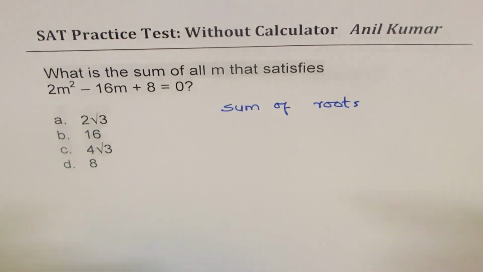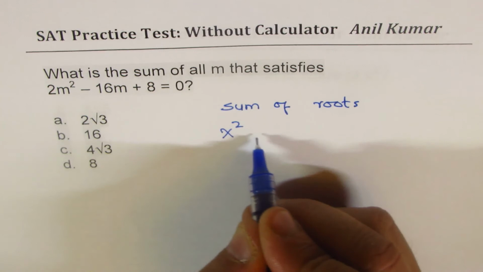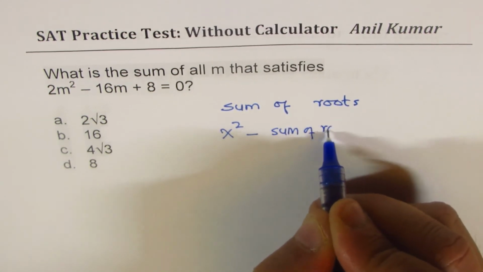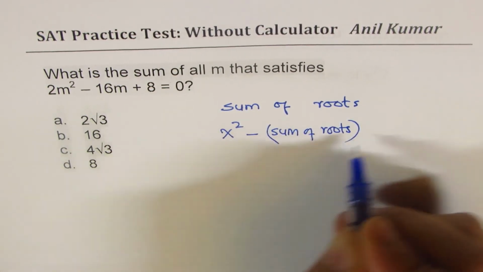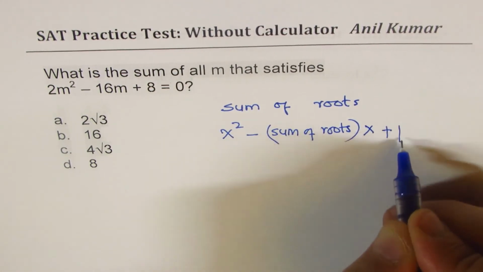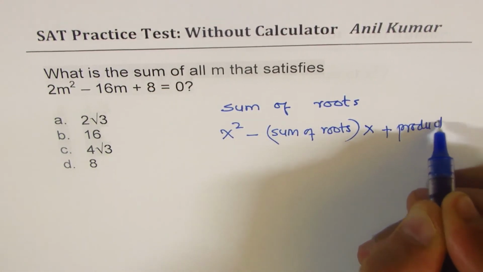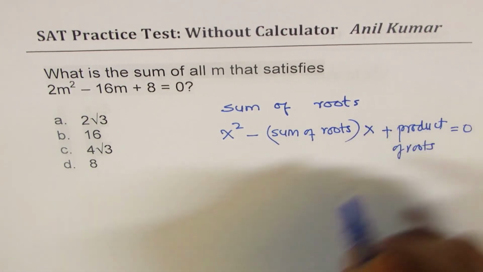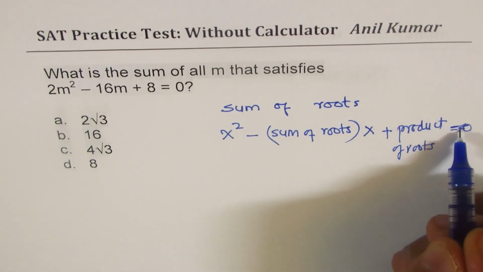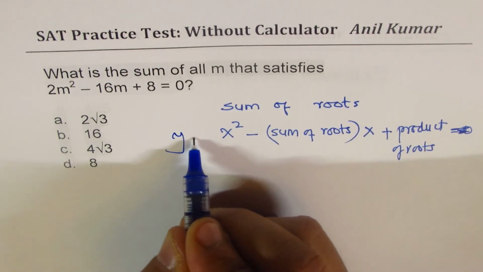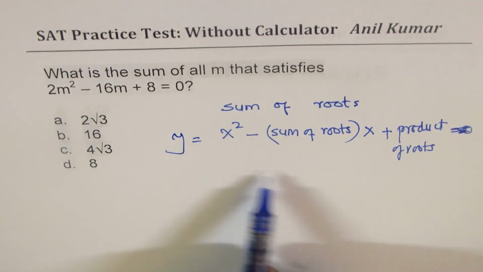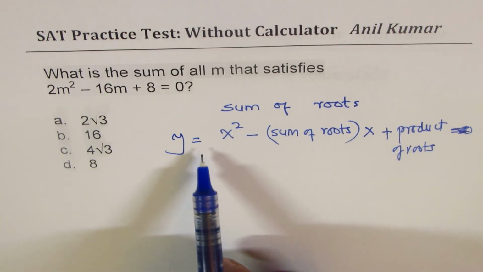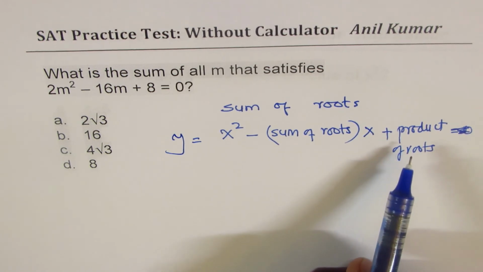Any quadratic equation can be written as x squared minus sum of roots times x plus product of roots equals 0. So that is how, or let's say y equals this. Is it okay? So that is how you could write any quadratic equation. y could be 0, right? So any quadratic equation could be written like this.